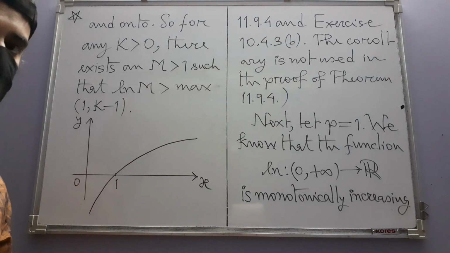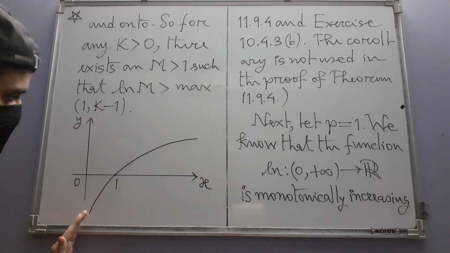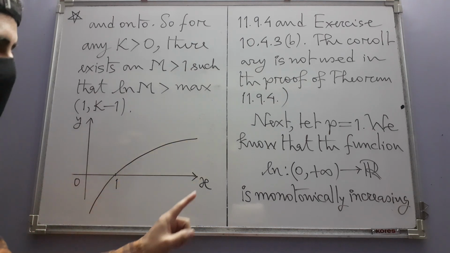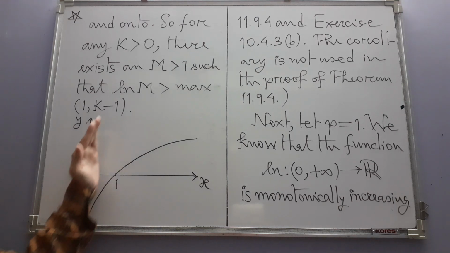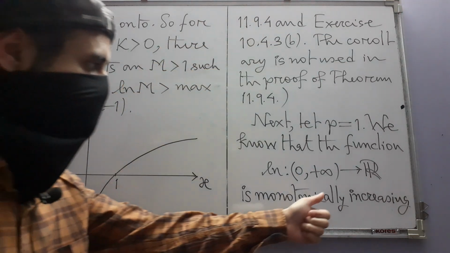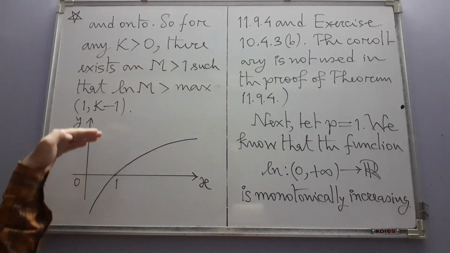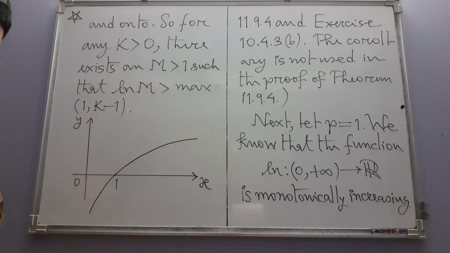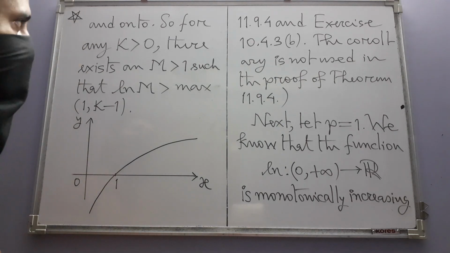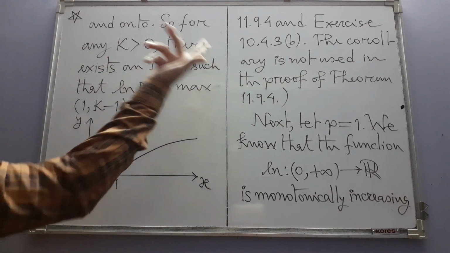It keeps on going, and in doing so, the graph of the natural logarithm actually covers all real numbers. That is why this function not only is increasing, but onto as well. Okay, so how do these two properties help us in choosing this m?